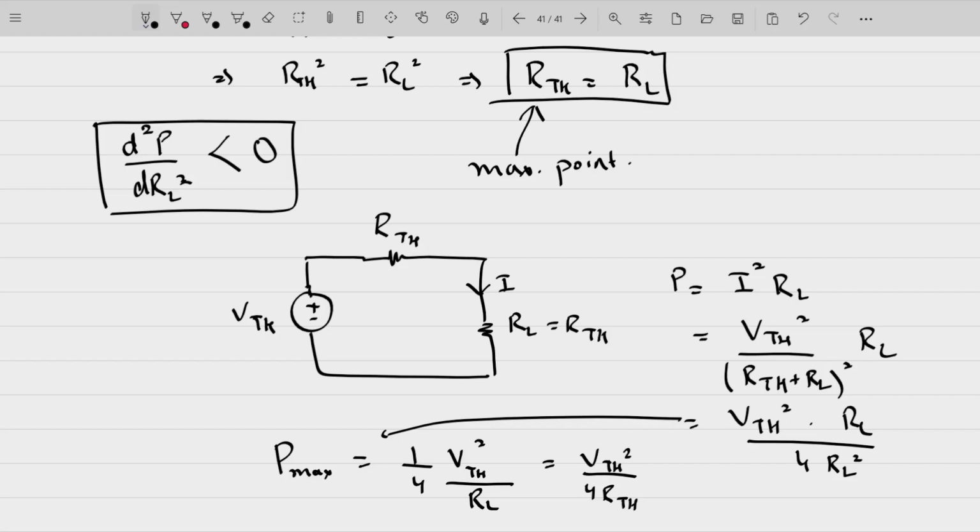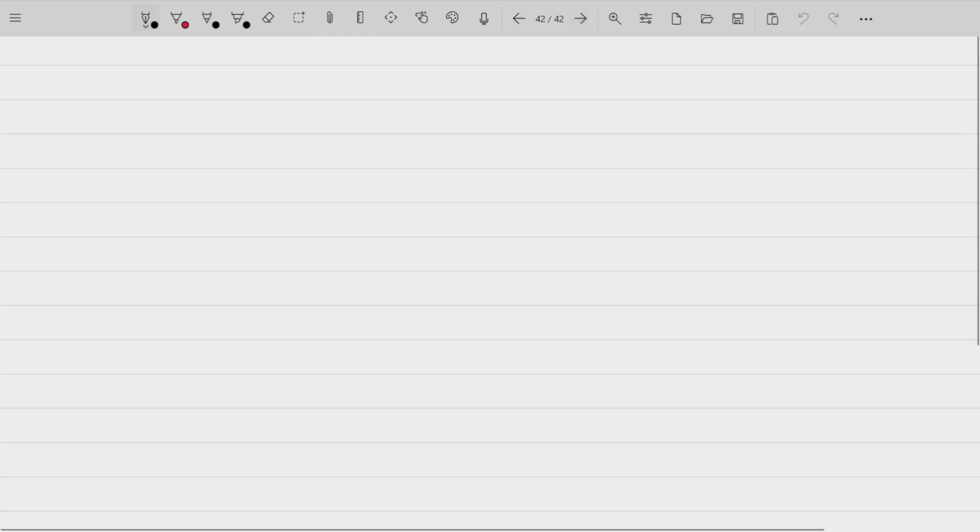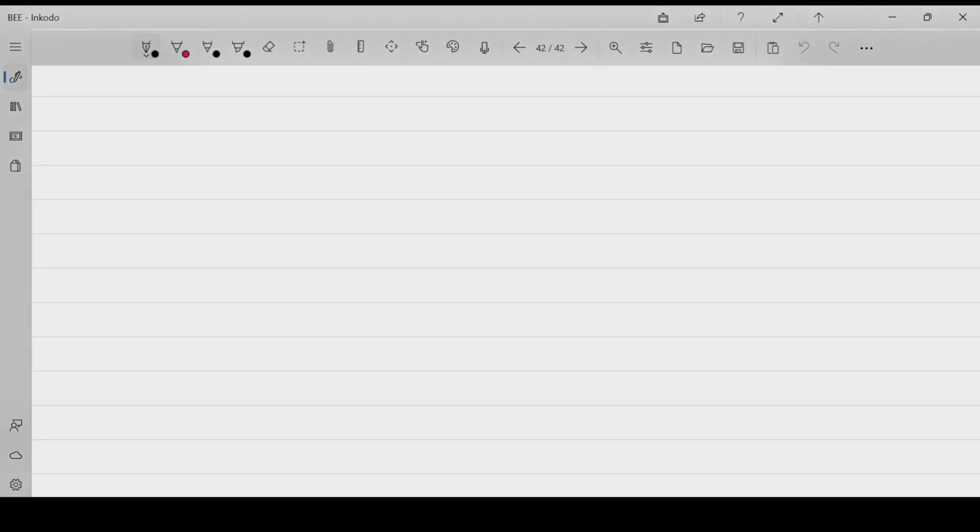But we also want to find out the efficiency of the system. What is the efficiency of the power being delivered to the load at this particular time? So what will be the efficiency of power being delivered? Can you tell me that? Output upon input.